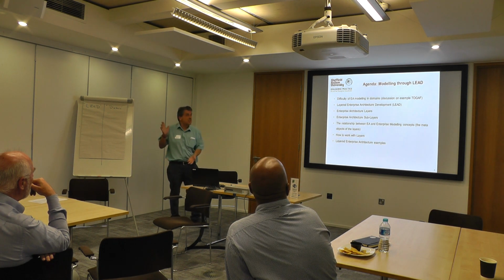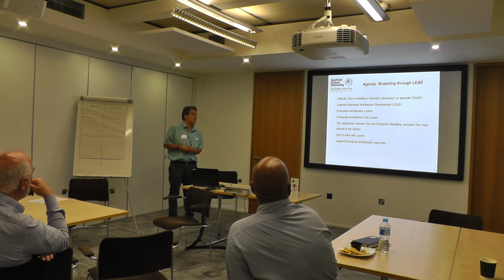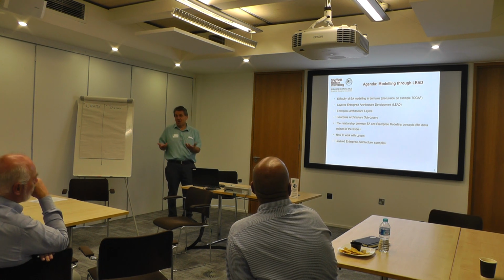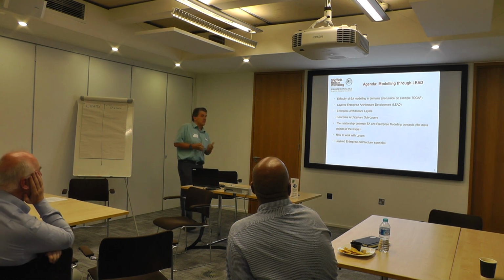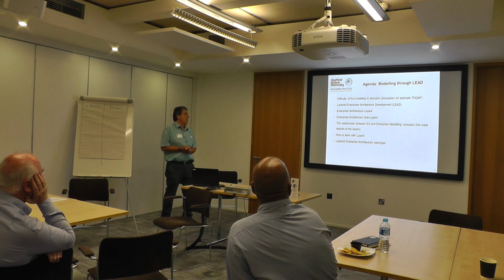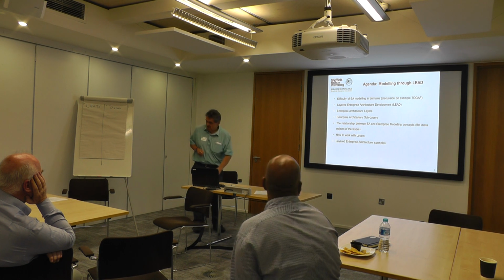So this is the sort of agenda I've put in terms of what we're going to be doing. So what's the situation in terms of EA modelling in domains? I'm just going to draw on TOGAF, because I'm working on the basis that everybody knows it. TOGAF and LEAD, how they interrelate to one another. And then what do we mean by layers, sub-layers, and something called the anatomy of those layers, littered with a few examples along the way.